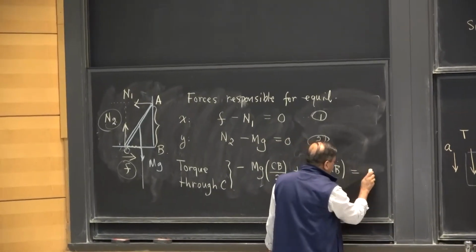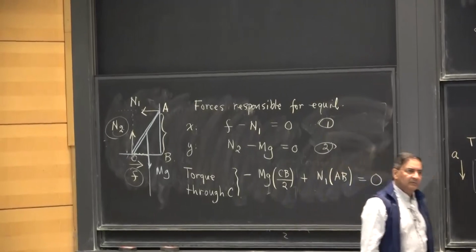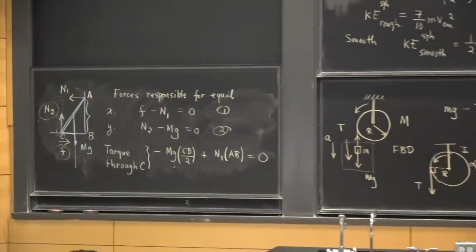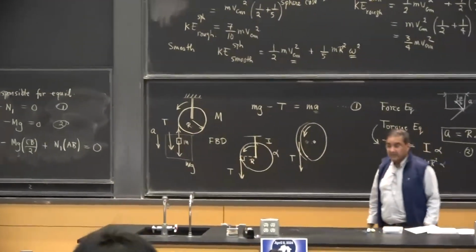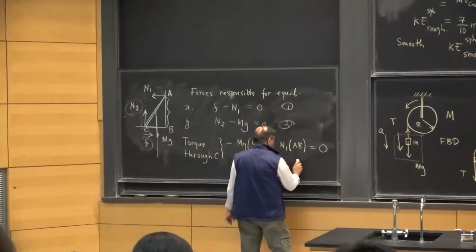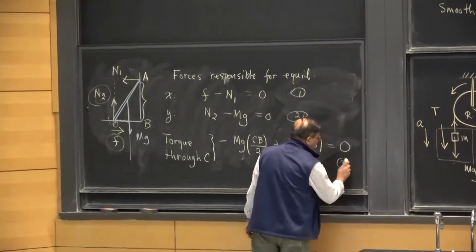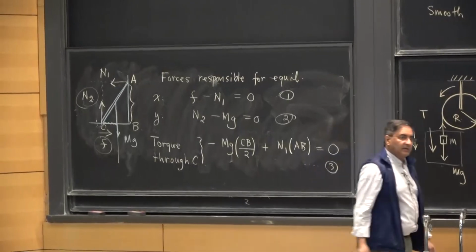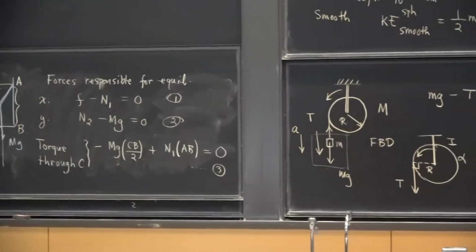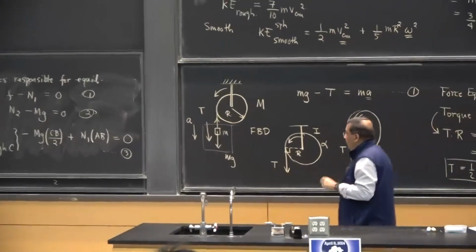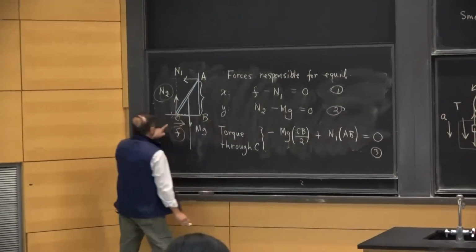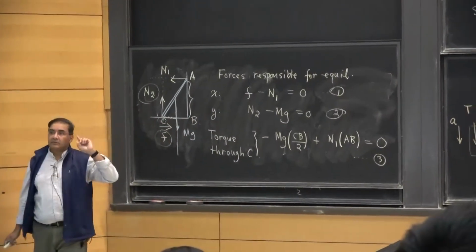And only if these two torques cancel out will I have my equilibrium condition satisfied. So in all these rigid body equilibrium problems, I'll have three equations come into play: two force equations, because they're two-dimensional problems, and a torque equation. Keep in mind that as far as the torque equation is concerned, the point about which you take the torque is really important.